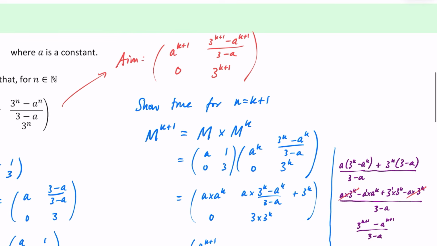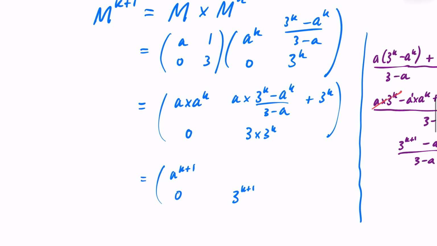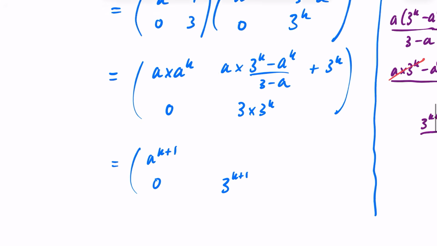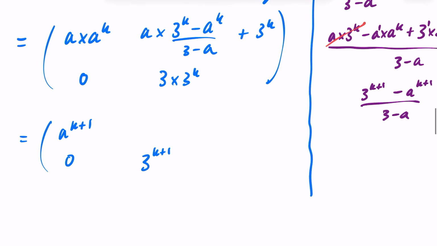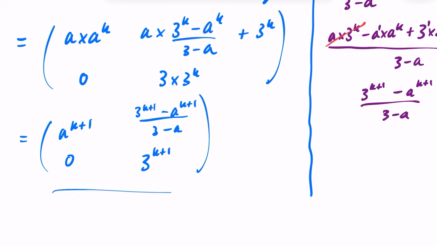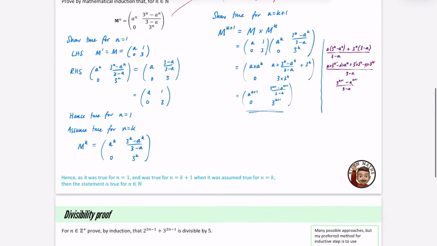This and this are the same as each other. And it's perfectly fine to communicate with the examiner by doing some extra working on this thing somewhere else, okay? So we then get that this is equal to 3 to the power of k plus 1 minus a to the power of k plus 1 over 3 minus a, which is the thing that we were trying to show that it was equal to. So we then save a bit of time here.